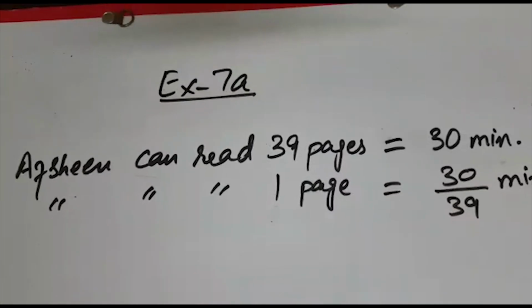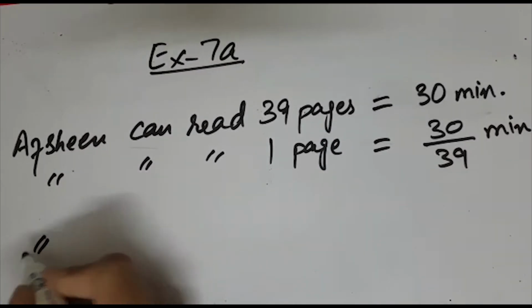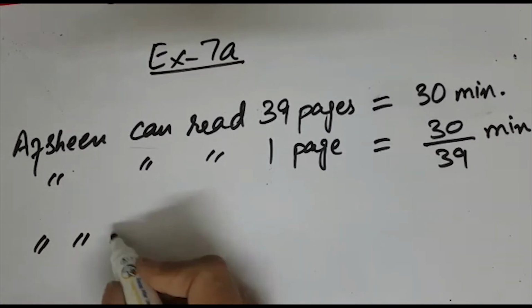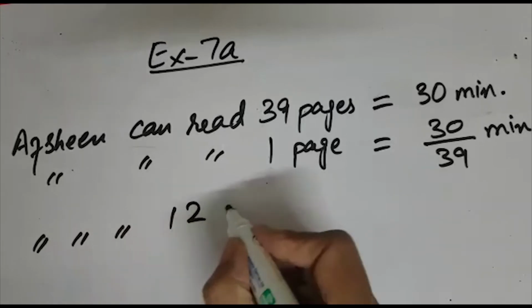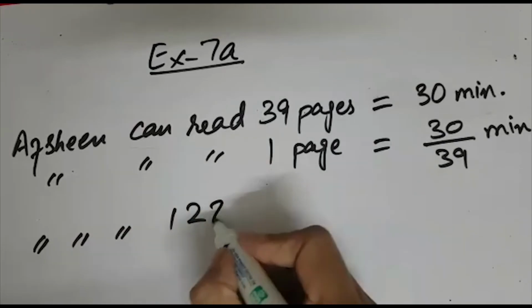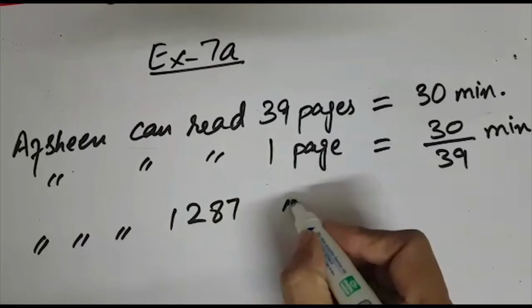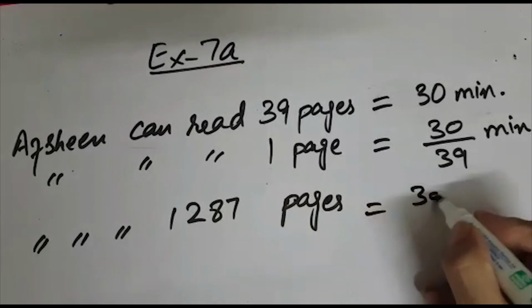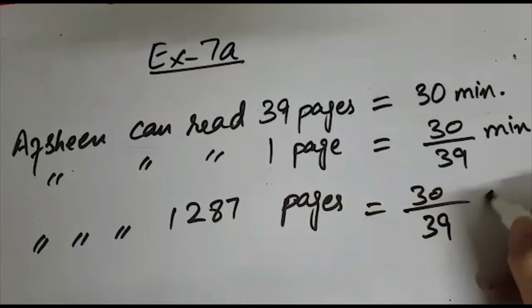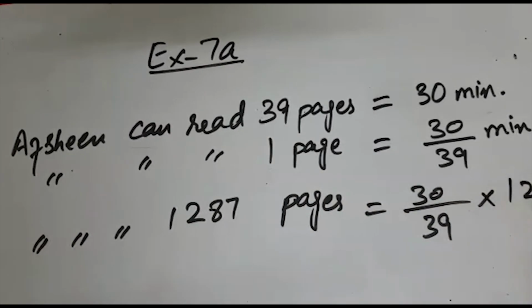So we have to solve. How much time will Afshin take to read 1287 pages? In 30 by 39 into 1287 minutes.